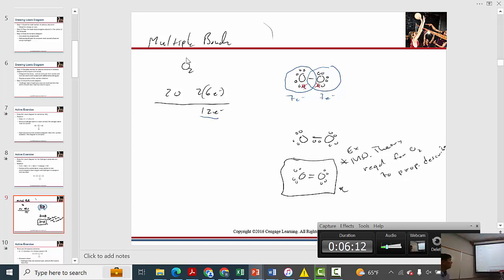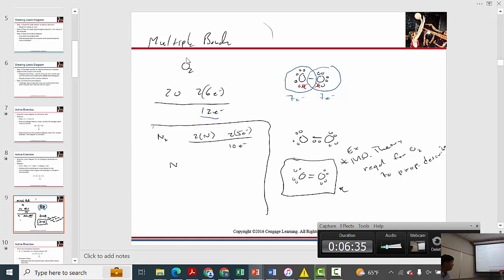So that's an example. Another example of where we would use multiple bonds is for something like nitrogen. For nitrogen, we have 2 nitrogen atoms, and each nitrogen has 5 valence electrons. So that's just 2 times 5, which is going to give us 10 electrons here.